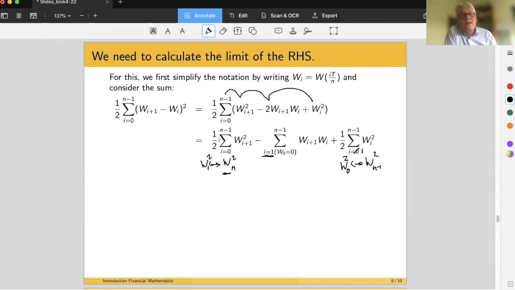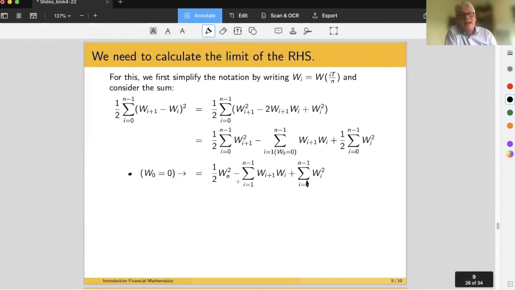So we can run from 1 up to n minus 1, and we can add them together, 1/2 of this one and 1/2 of this one. And we need to look at this nth term separately. So in our next step, we have this nth term separately. We use w_0 is equal to 0.